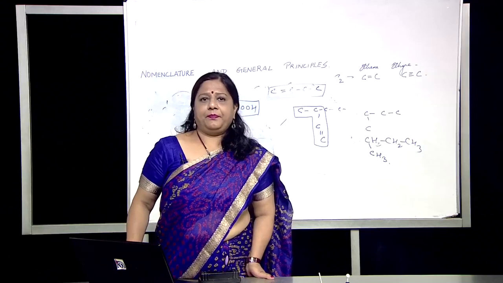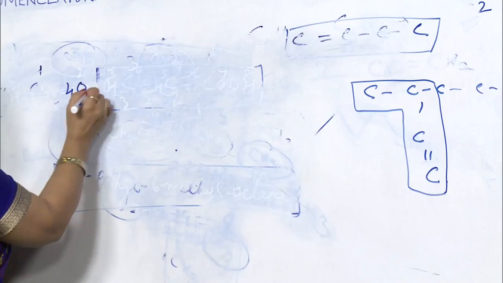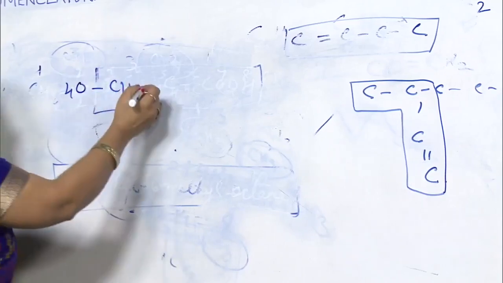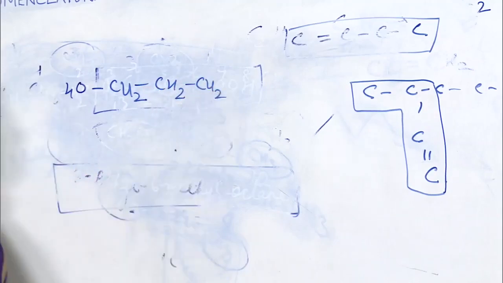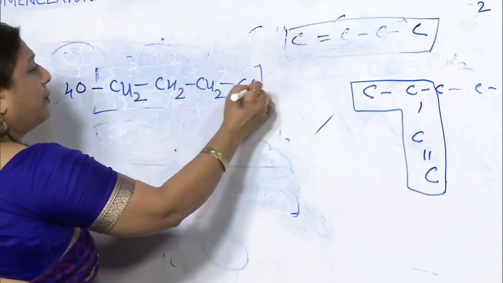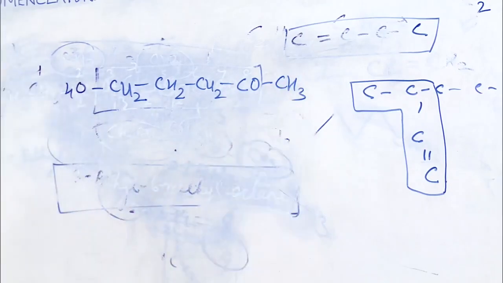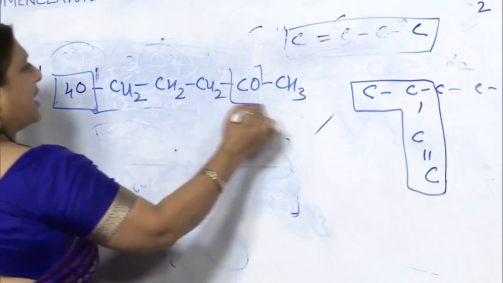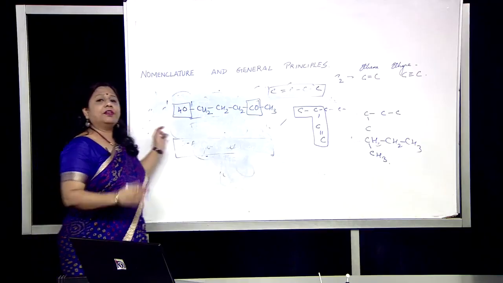For example, you have here the compound CH2, CH2, CH2, C double bond O, CH3, any compound you take. Now, you notice here that one functional group is this and one functional group is here, a ketone, which should be numbered first.